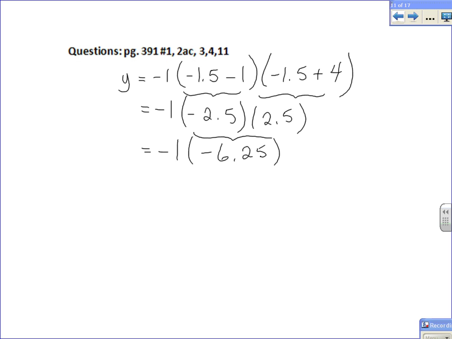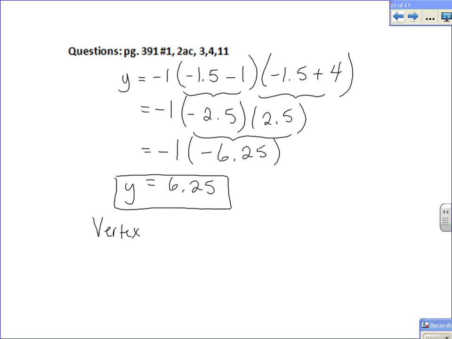And I still have this -1 out in front, which is going to make my value positive. So I have y is equal to 6.25. So my vertex has the coordinates, or is the point, negative 1.5 for x and positive 6.25 for y.